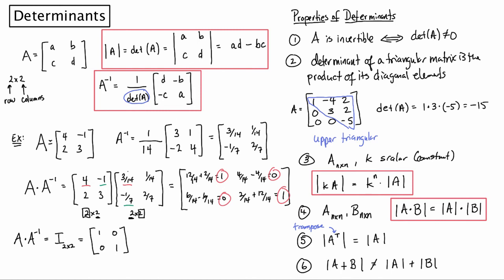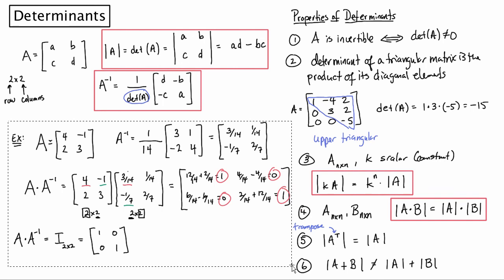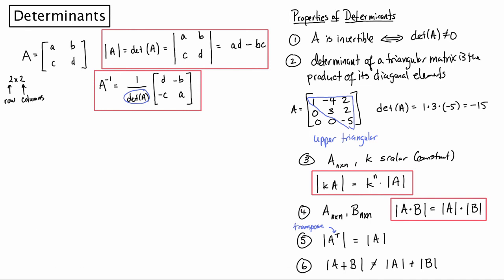All right, so those are all properties of determinants. And I actually want to close by doing one more example. So far, all we've found is a 2 by 2 determinant. I would like to go in and find a 3 by 3 determinant.